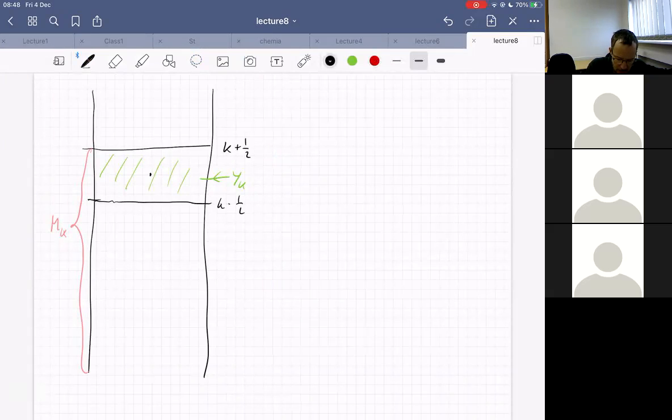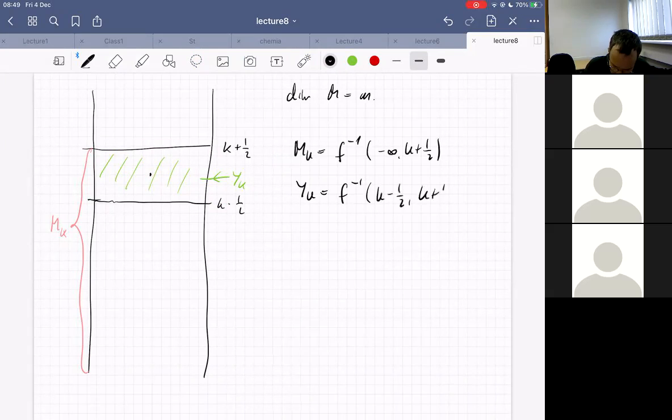The dimension of m is equal to m, and I have level sets of the function, which are k plus half and k minus half. All the critical points of index k sit in this step. So mk is f inverse of k plus 1/2, and yk is f inverse of k minus half, k plus half.